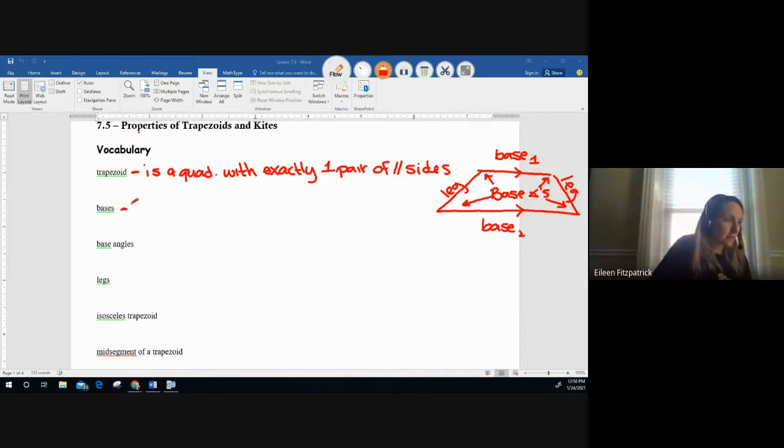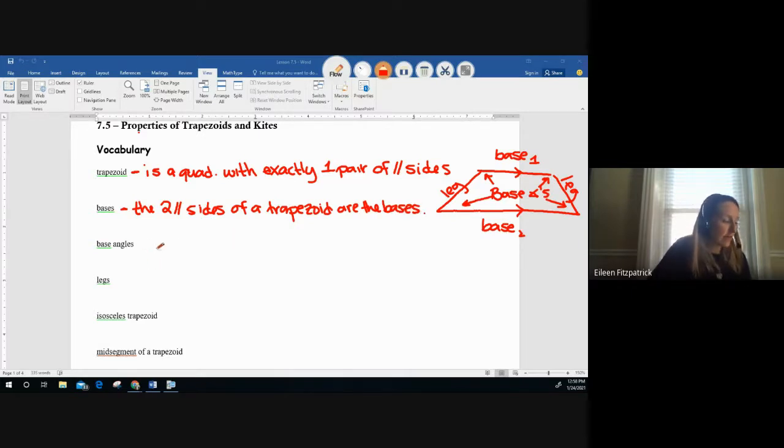So I'm going to go through some of that vocabulary now. The bases, the two parallel sides of a trapezoid, are the bases. So that's how you identify the bases. You look for the two sides that are parallel.